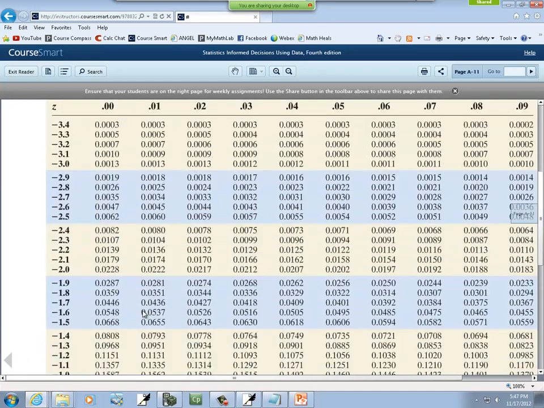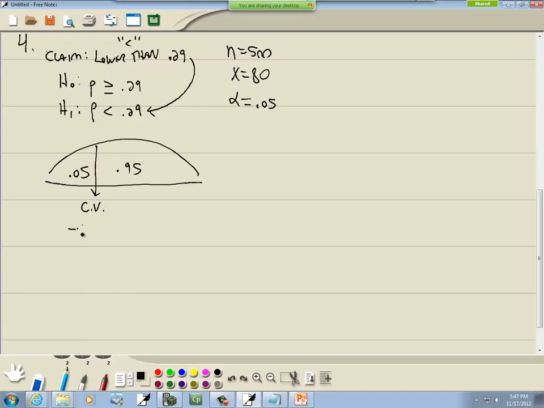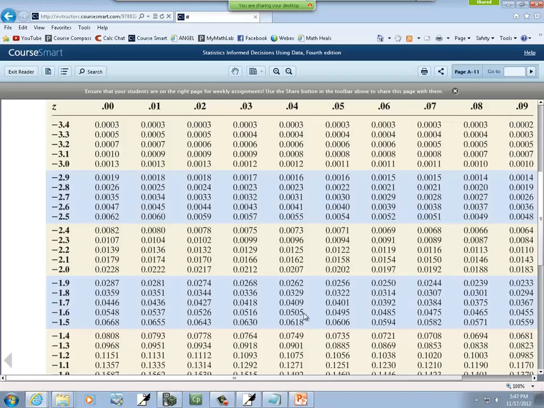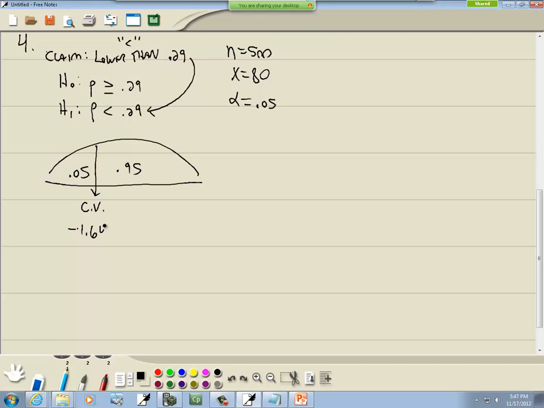Okay, let's try it again. 0.05. Here's 0.0505, here's 0.0495. I go over here, it's negative 1.6. And let's go straight up here. I got 0.04 and 0.05, so halfway in between that, which is 0.045. So the critical value is negative 1.645.